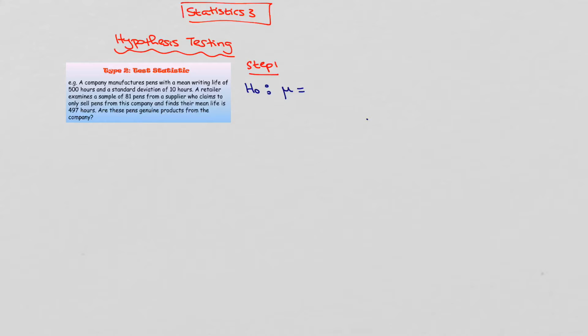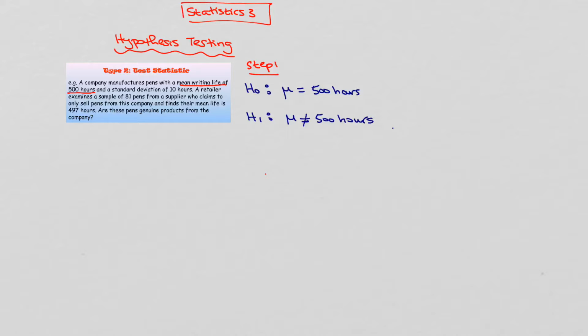Well, they're saying that the mean writing life is 500 hours. If you were to write that in words, you could say this is the genuine product. Our alternative hypothesis then means that the mean has changed. In other words, the mean is not going to be 500 hours.